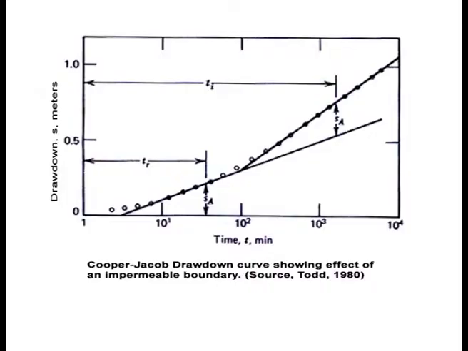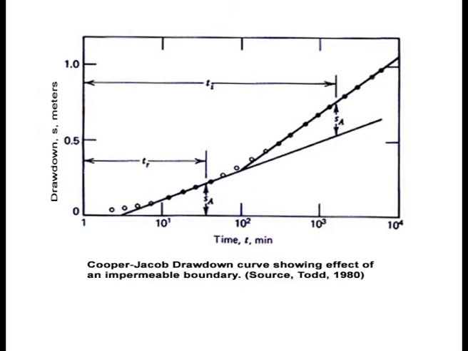Then the question arises, how will we locate it, what will be the direction of this aquifer boundary. So if you pump a well near the aquifer boundary, you will get two straight lines. Points will fall in the two lines. It means this is the effect of the presence of the aquifer boundary there.